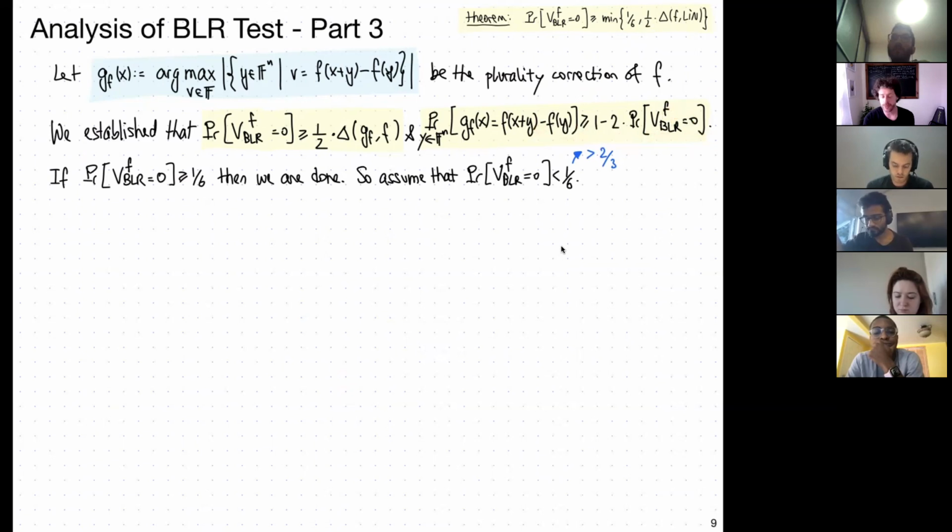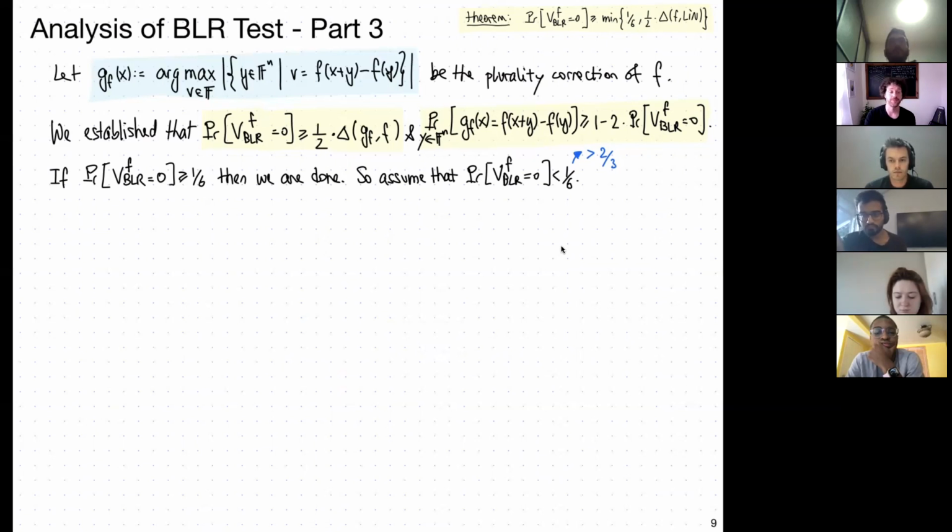So it really does mean in this setting that the plurality vote overwhelmingly agrees with one direction. If this was an election, there is definitely a winning party, not anything close. And that's important for us. In fact, that's all we need in order to show that g of f is a linear function.